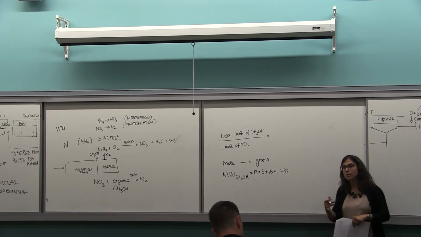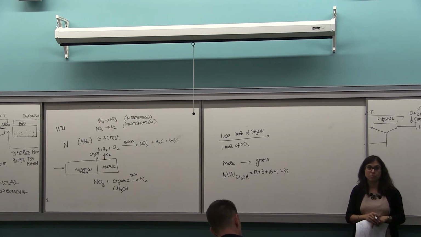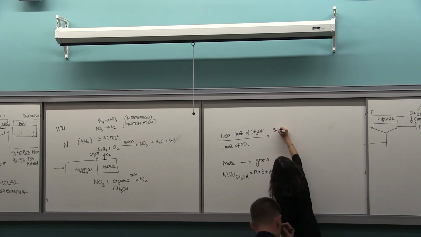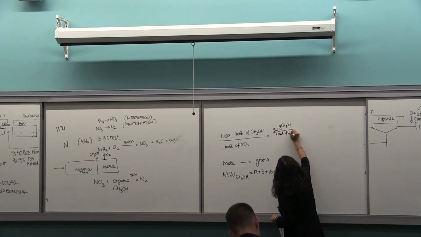That's the gram of methanol for every mole of methanol, right? So if I multiply by 32, then I have the gram per mole.